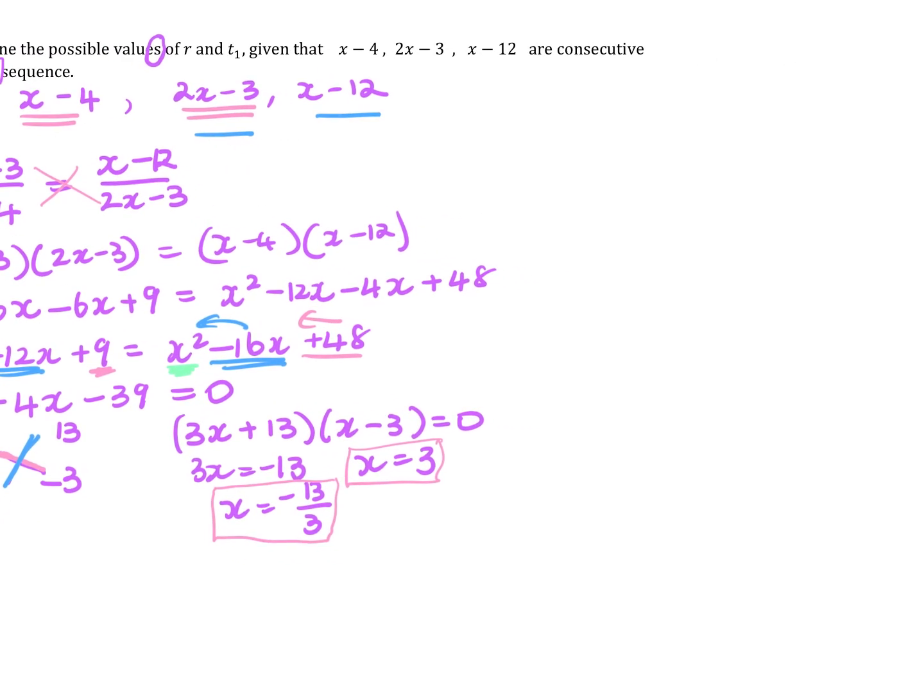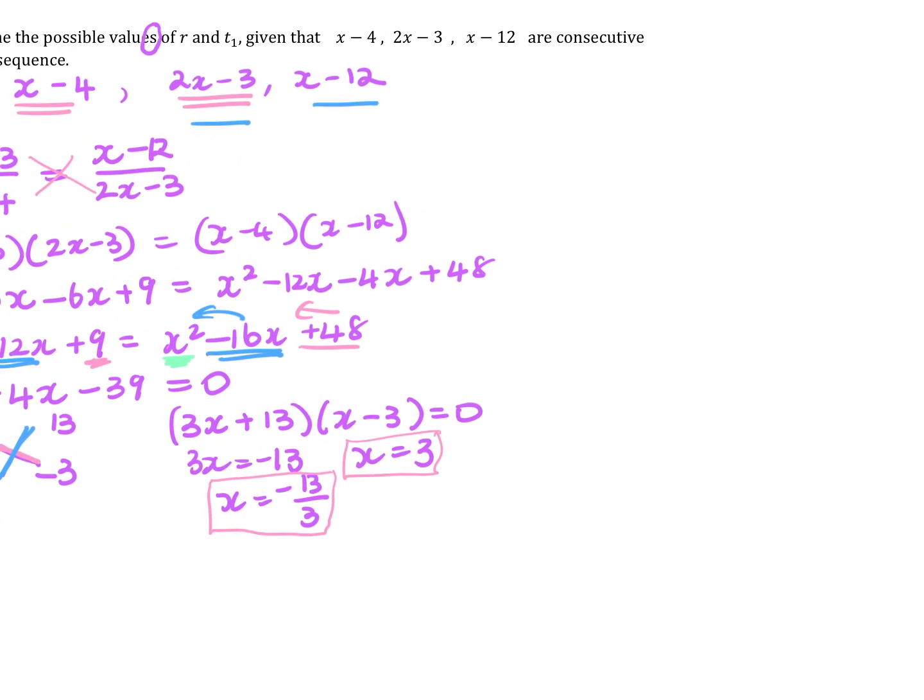I'm going to look at these two cases. Case number 1, x is negative 13 over 3. So our terms in our sequence, x minus 4, 2x minus 3, x minus 12. Let's just put those values for x in. I'm just going straight in my calculator here.